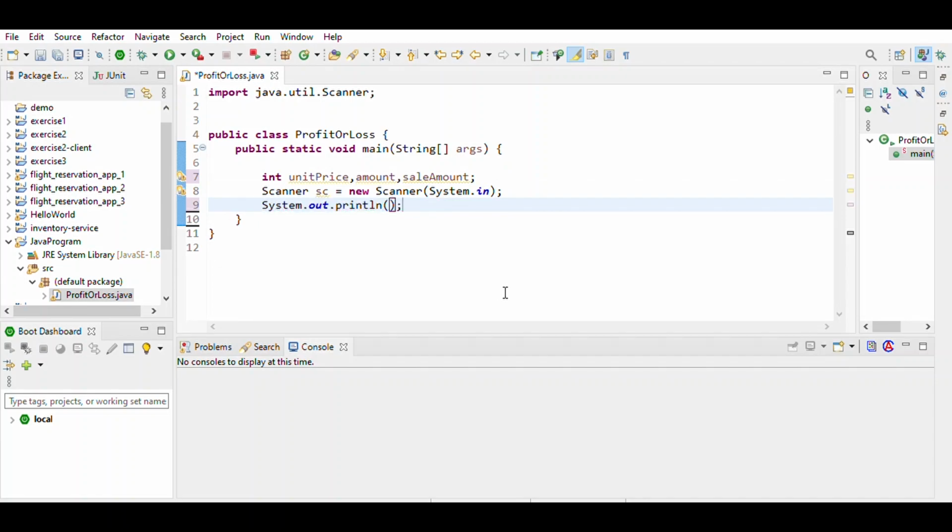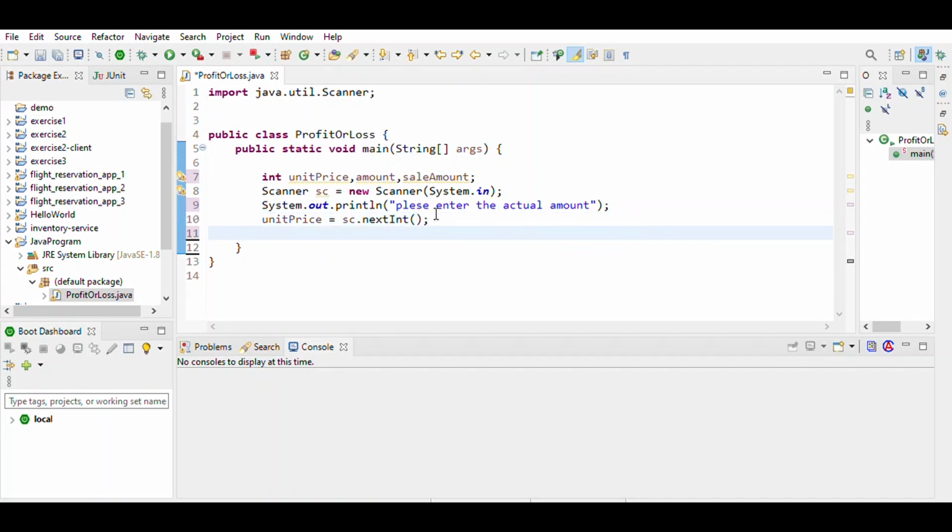First input given by the user is the actual amount. Please enter the actual amount, that is unit price. sc.nextInt().